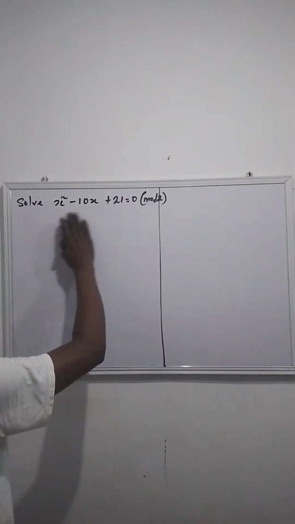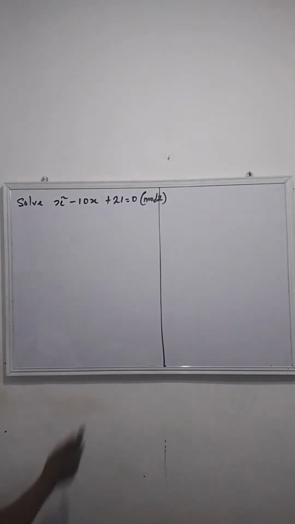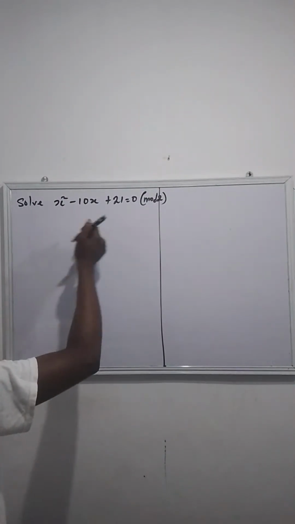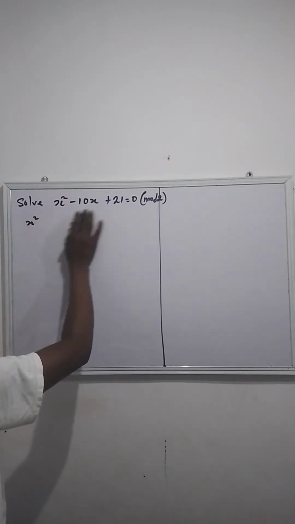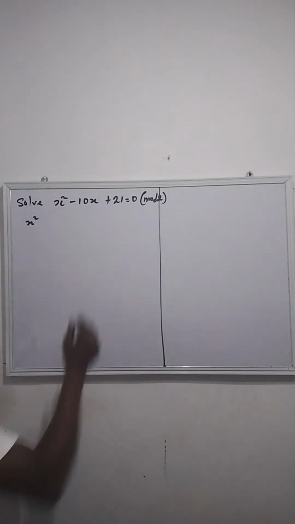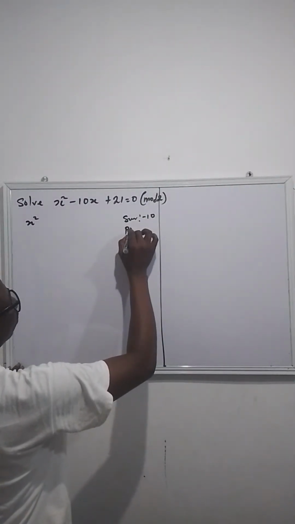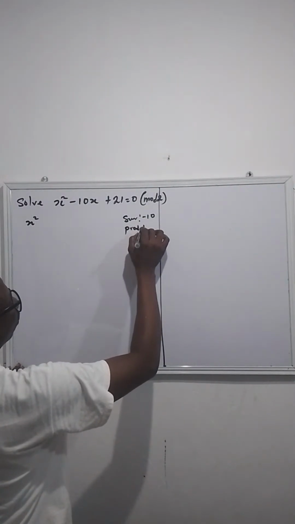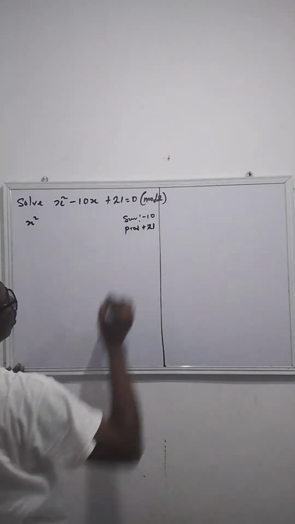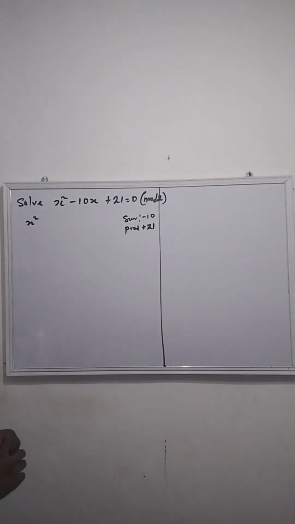Now this is a quadratic modular arithmetic, so you just find a way of factorizing this. We have x squared, and we need two numbers whose sum is negative 10 and whose product is plus 21. What are the two numbers needed?